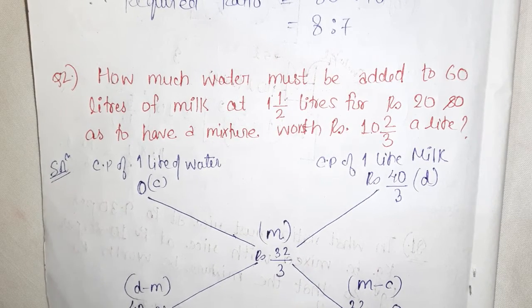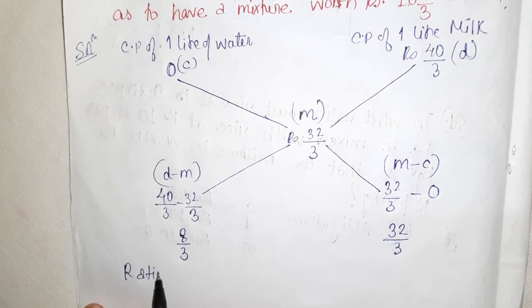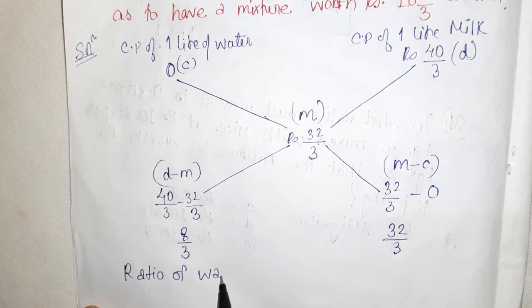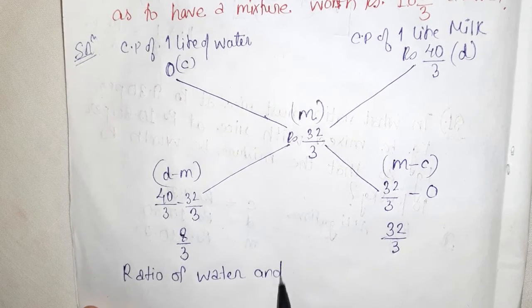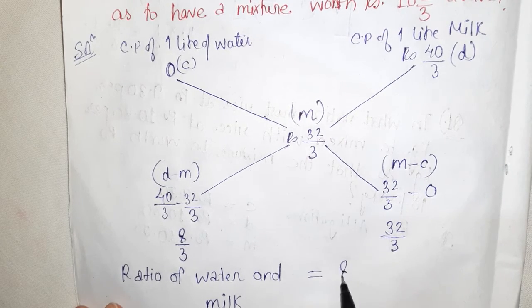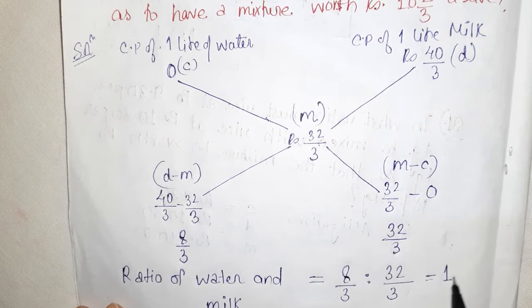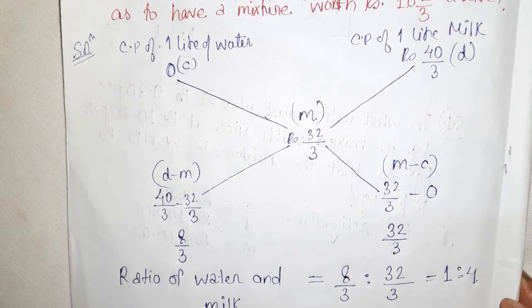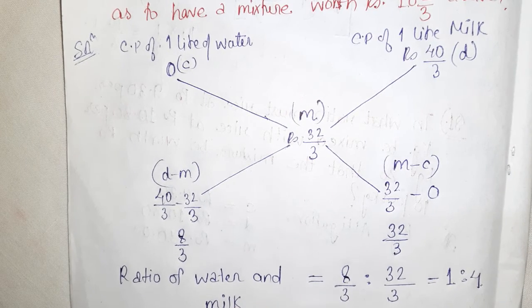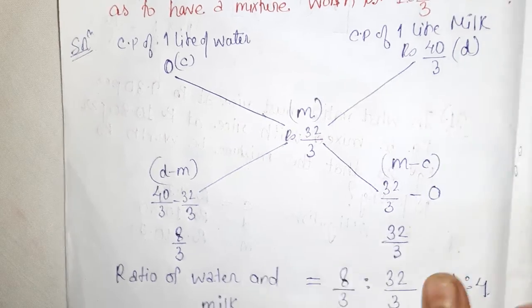So here you get 8/3, here 32/3. The ratio of water and milk is equal to 8/3 is to 32/3, that is 1:4. Okay, so the ratio of water and milk is 1:4 in the final mixture. So we can find out the quantity of water to be added.